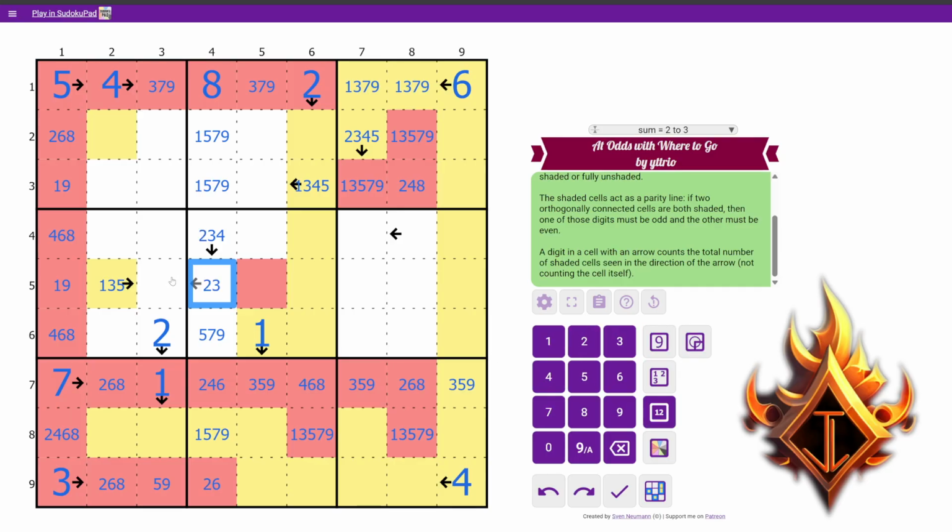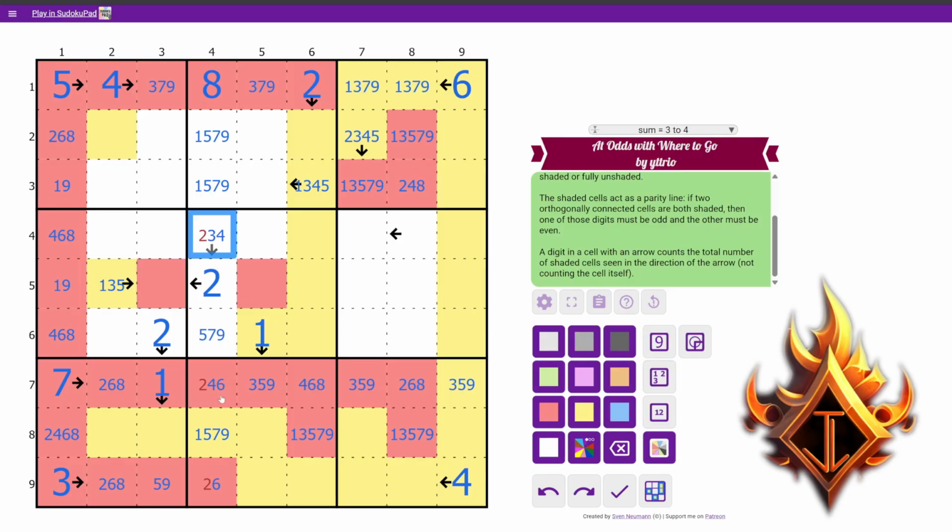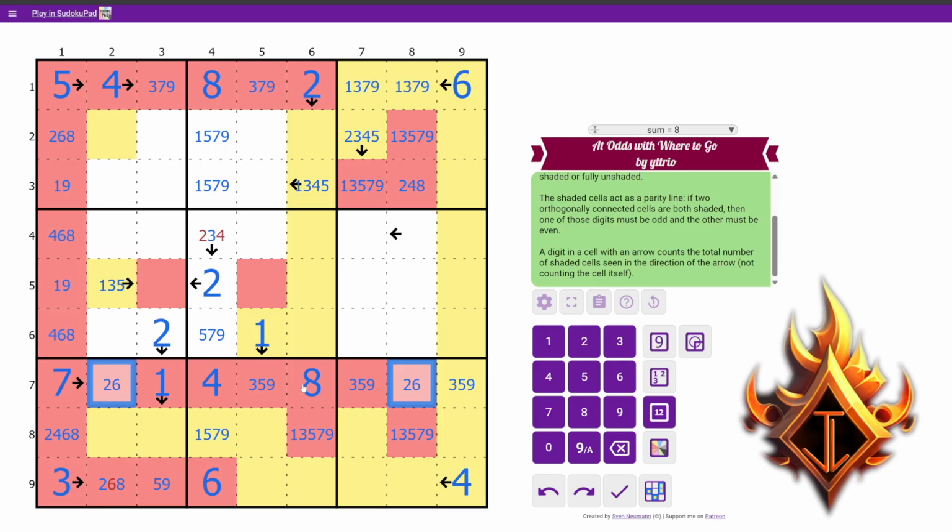Oh, let me back that up. Yeah, that's right. And the other red has to go there. This turns that to a 6, that to a 4, that to an 8. We're getting our evens. That is 3.